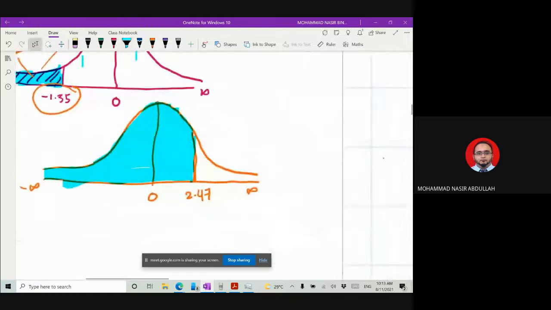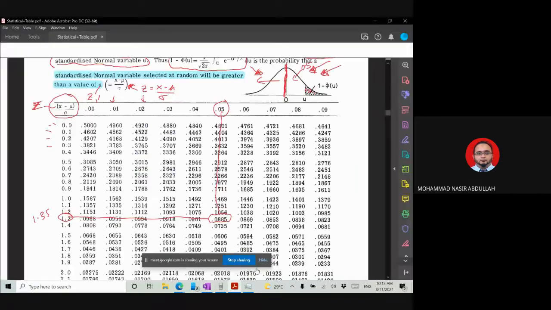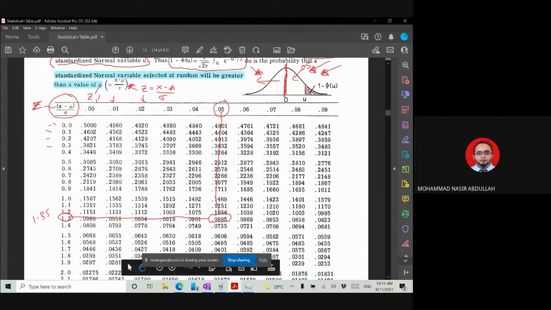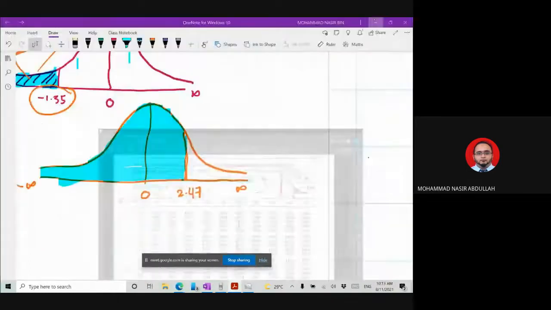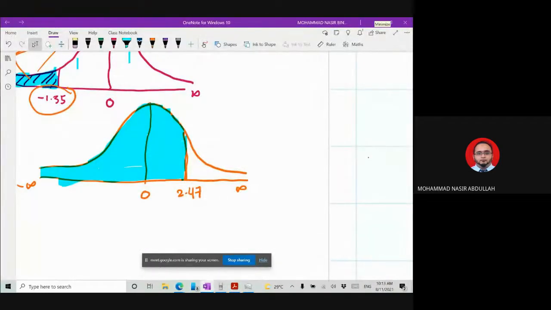Now, by looking into the statistical table, they only give us the value to the right hand side. So it will not provide the value to the left hand side. So how to solve this problem? From prior knowledge, we know that the total area under the curve, the total probability value, is equal to 1.